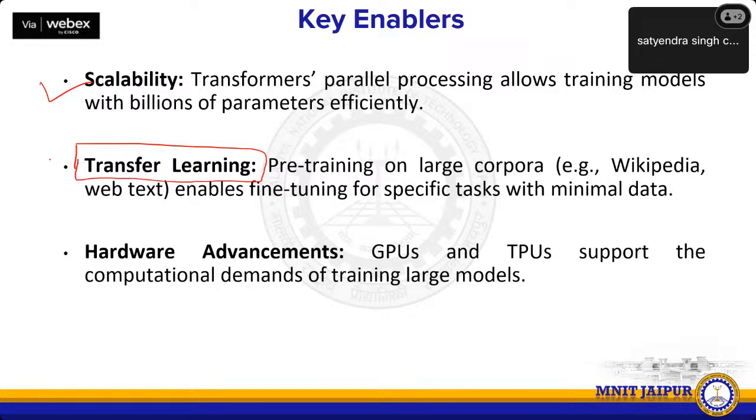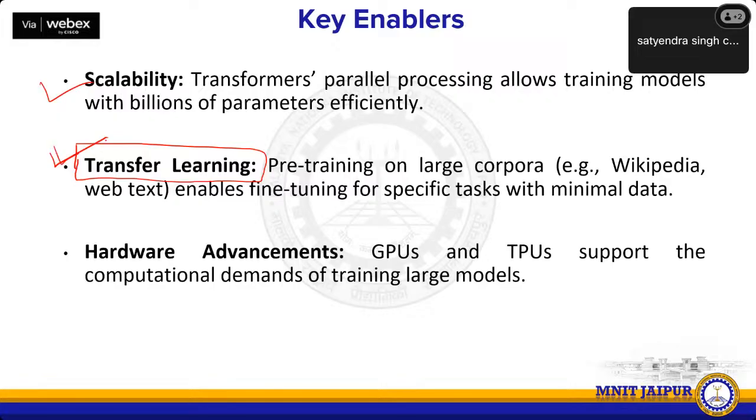It has enabled transfer learning, which was not there on the language side. Now we can use pre-trained models like BERT, GPTs, and so on.